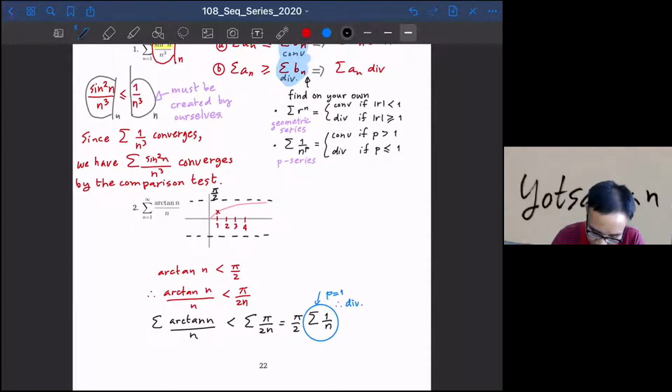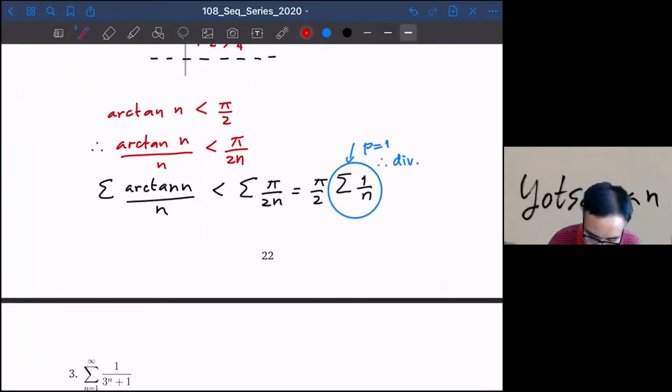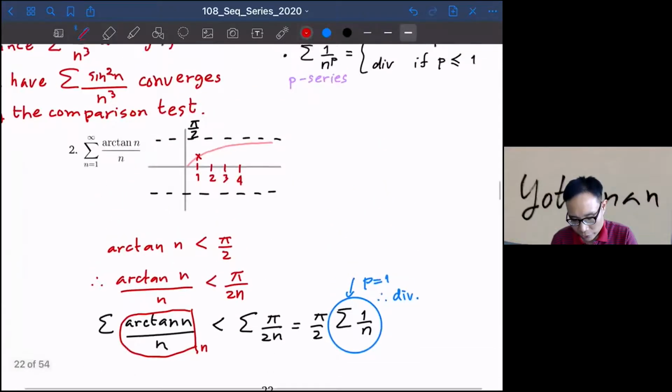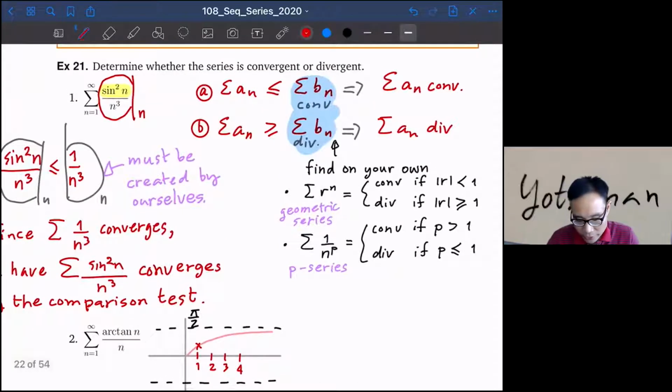So your series An is smaller than a divergent series, and if it turned out to be divergent, it must be larger than, so we would be able to reach the conclusion.